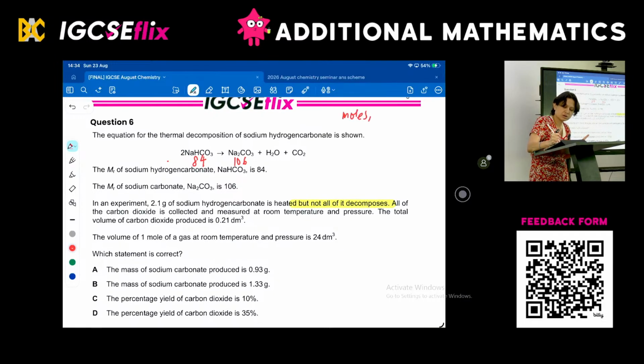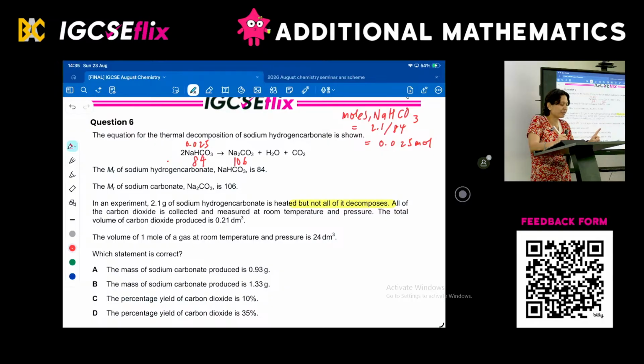Moles of sodium hydrogen carbonate that is given is 2.1 over 84, so I am given 0.025 mole. But not all decomposed. If this one is 0.025, how much of this am I supposed to get?